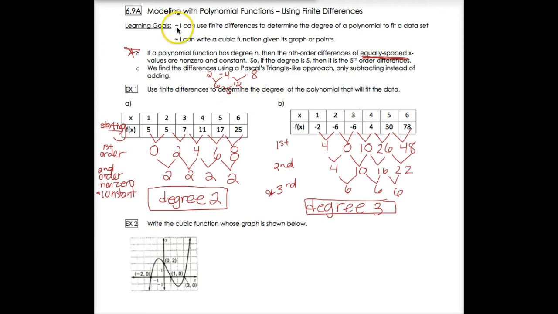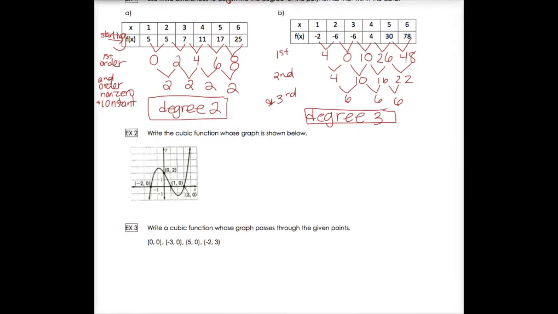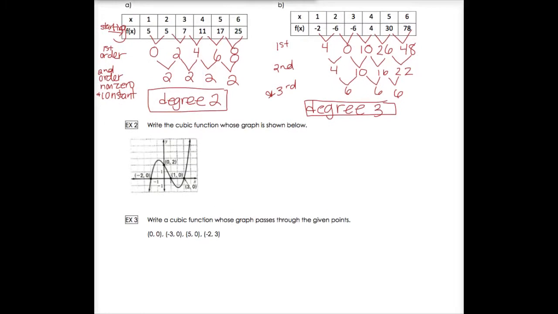So that helps us meet our first learning goal there. We can use those finite differences. We know what type of an equation should model that data. And that's important because it's hard to figure that out if you can't visualize it. If you can look at a picture, most people can say, oh, that looks quadratic, that looks cubic, that looks linear.